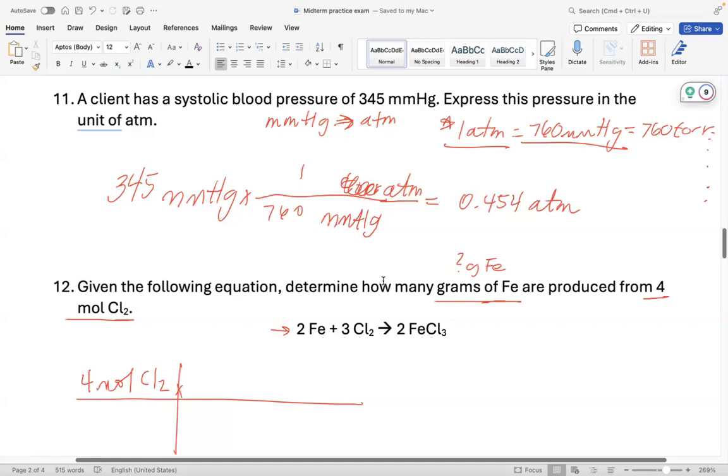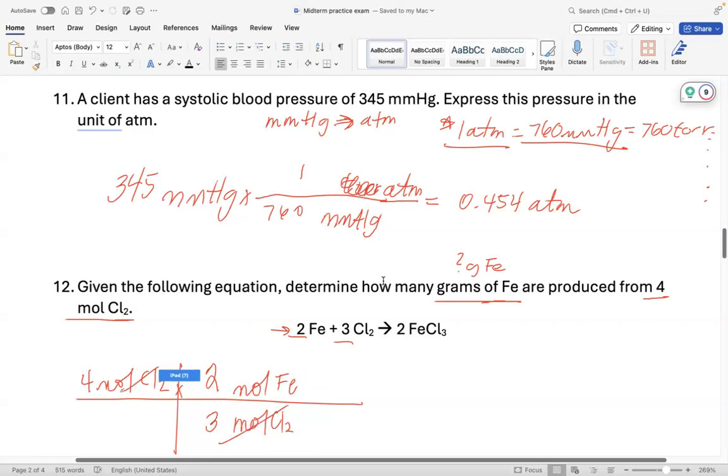So I'm going to put moles of Cl2 on bottom because I want them to cancel, and moles of Fe on top because that's my desired unit. So there's 2 moles of Fe for every 3 moles of Cl2.